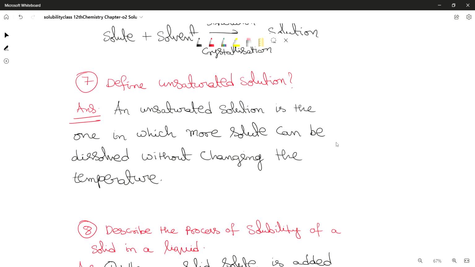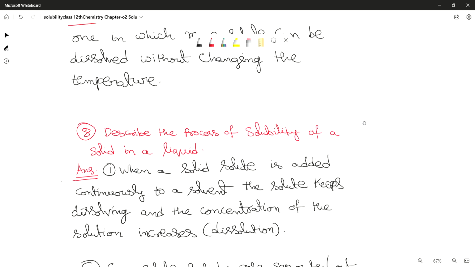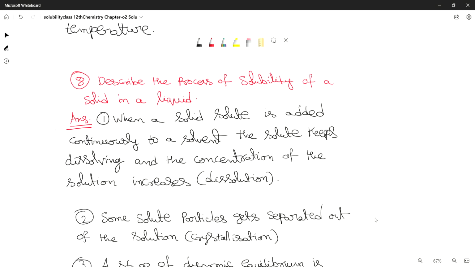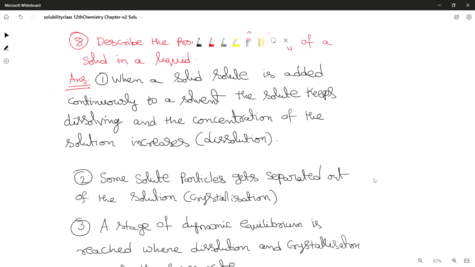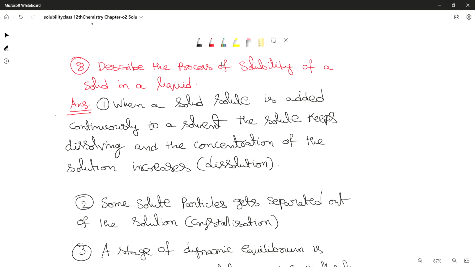Now define unsaturated solution. An unsaturated solution is one in which more solute can be dissolved without changing the temperature. Describe the process of solubility of a solid in a liquid.